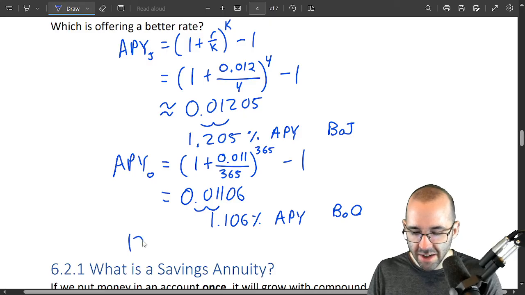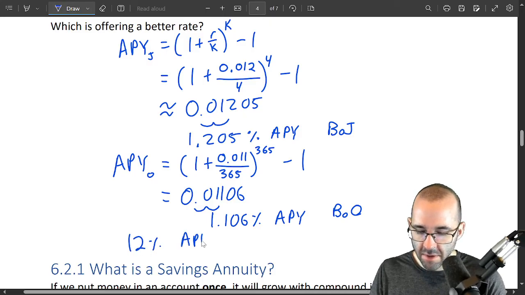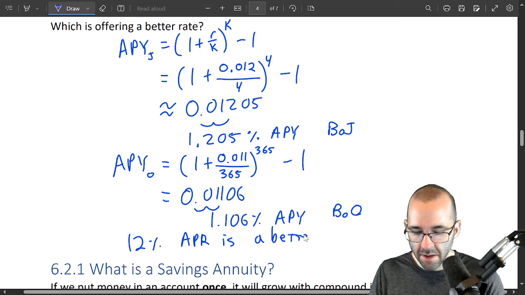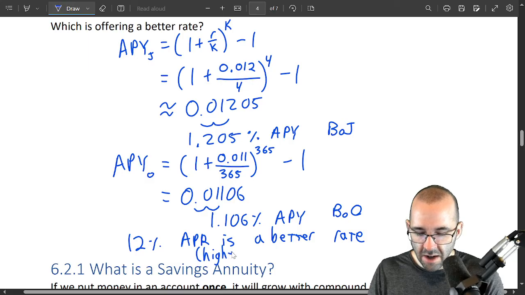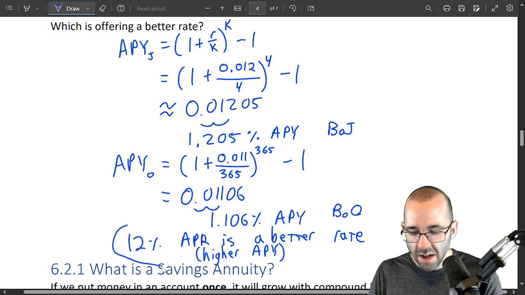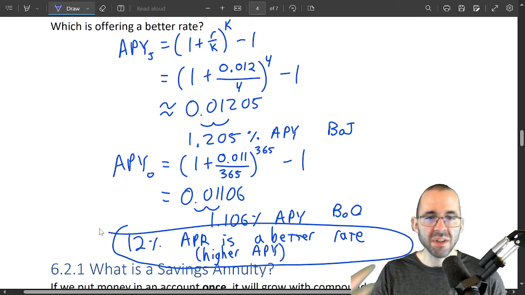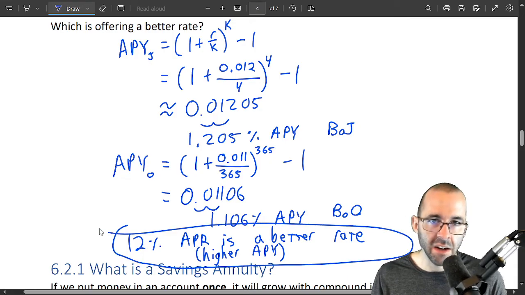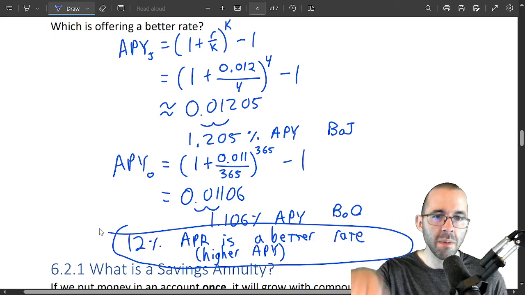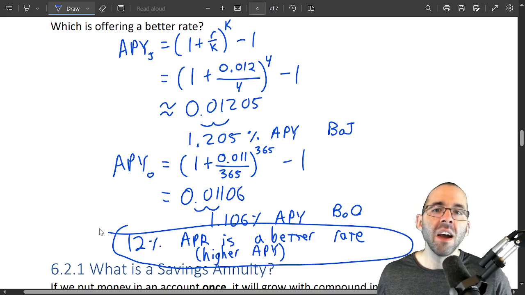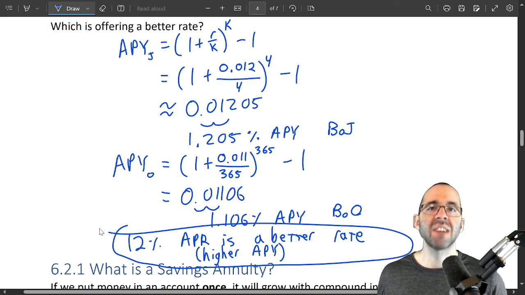So the Bank of Jason's 1.2% APR is a better rate because it has a higher APY. That's our conclusion here, and that's the end of the section. So APR is that percentage rate that you get in a year, and it's split up depending on how often it compounds. APY is more standardized.